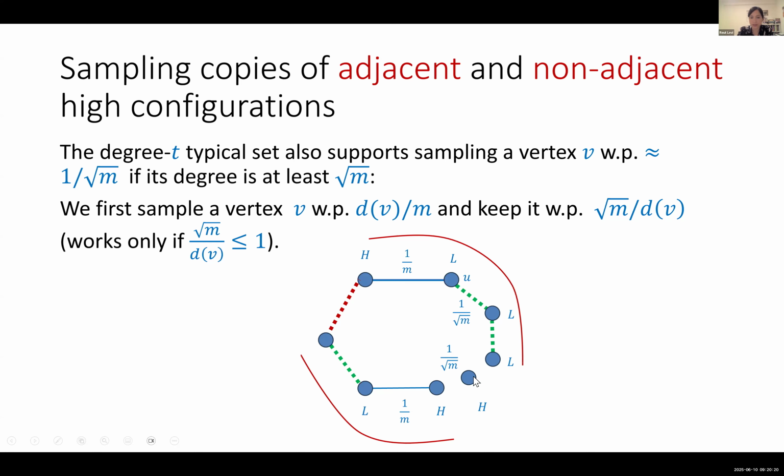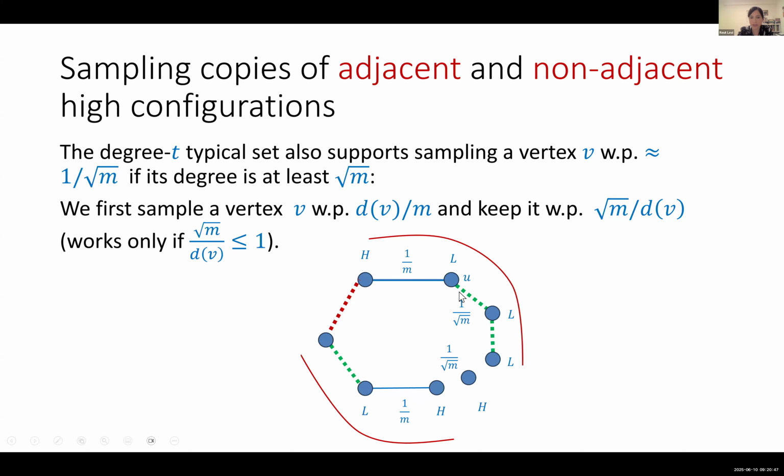And for this single high degree vertex here, we are just going to use the ability to uniformly sample a vertex which is T-high with probability 1 over square root of m. So the probability to hit this specific copy would be 1 over m times 1 over m to correctly sample these edges.